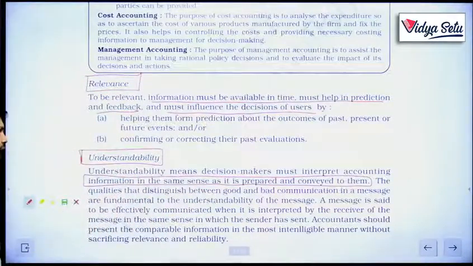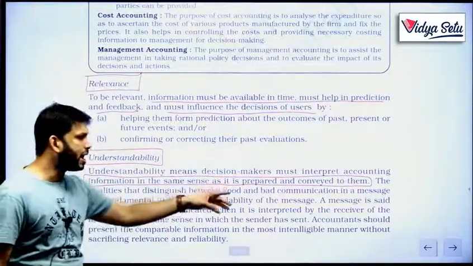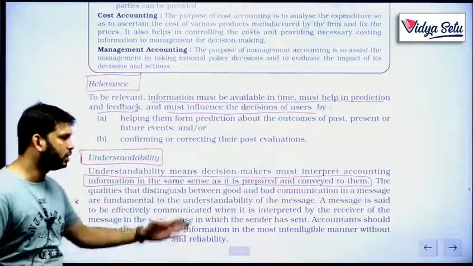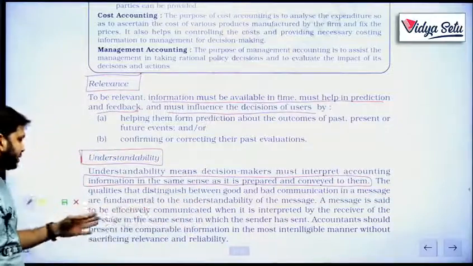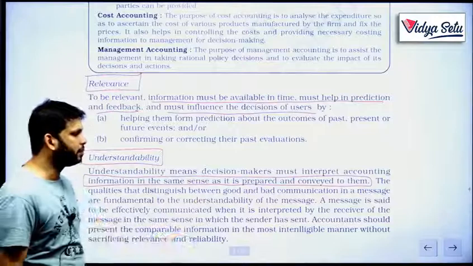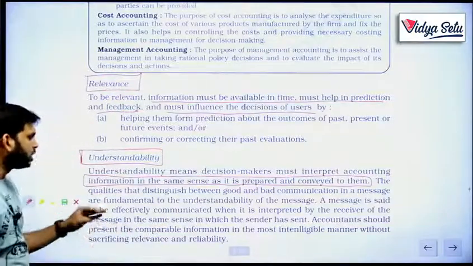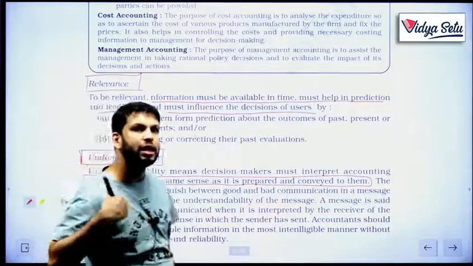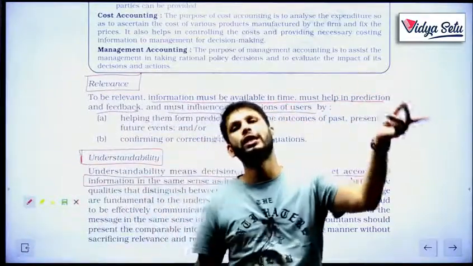The qualities that distinguish between good and bad communication are fundamental to the understandability of the message. A message is said to be effectively communicated when it is interpreted by the receiver in the same sense in which the sender has sent it. Whatever the sender meant, the receiver understood exactly the same.